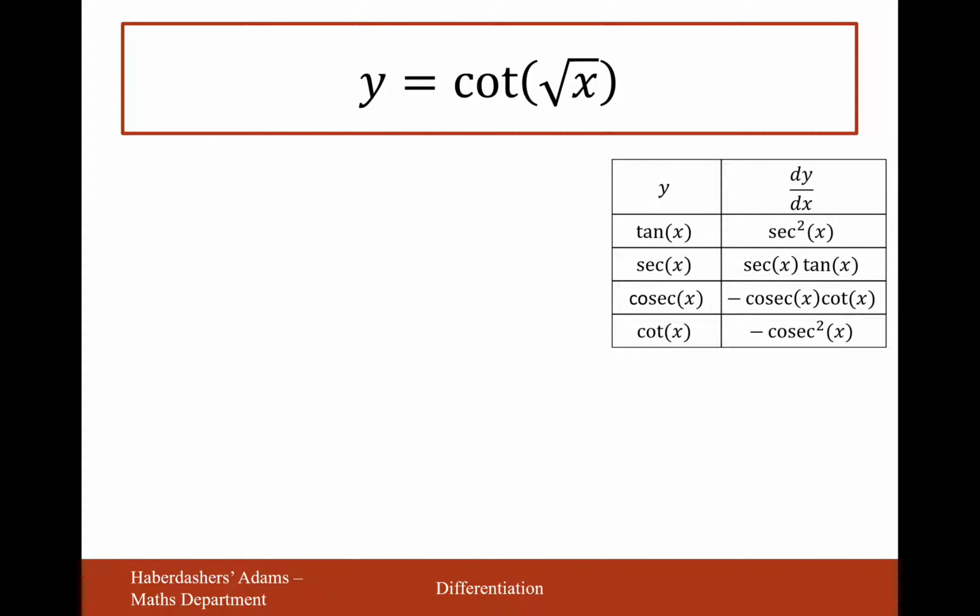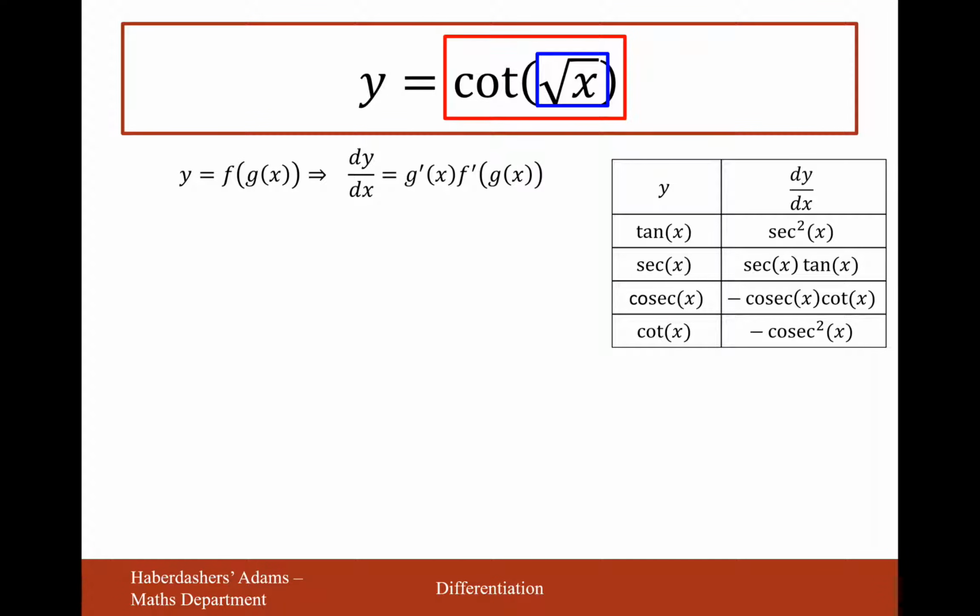Moving on to the next one, we have cot square root x. So in this case here, it's the chain rule. We have an inside function of square root x, and we have an outside function of cot. So let's get started on using the chain rule here. Inside function first, the derivative of square root x. Remember, square root x is the same as x to the half, so we differentiate it using the rule of bring the power down to the front and reduce the power by 1. So that's going to be a half x to the minus half.